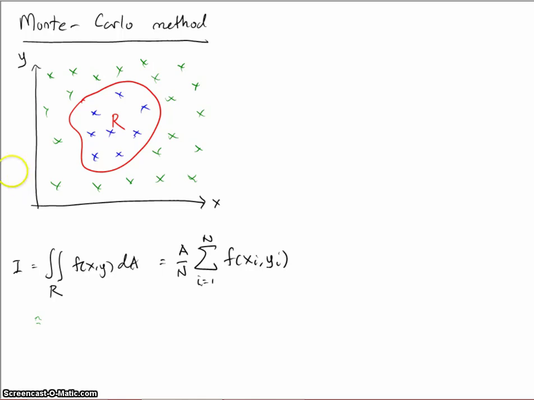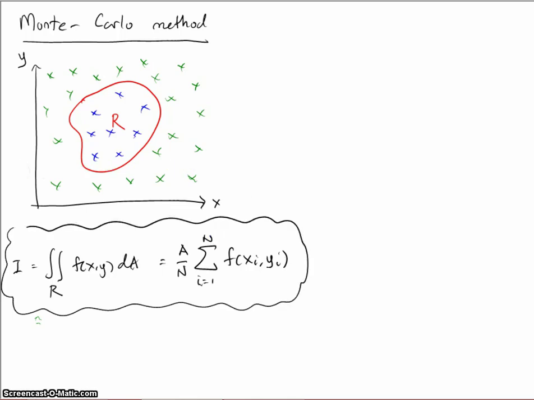This is the Monte Carlo expression for a double integral. Here, n represents the total number of points that we have distributed randomly across the xy plane. A is the area that we estimated based on the number of points that fall within the integration domain, and f at x_i, y_i is the value of f evaluated at each randomly distributed point i.